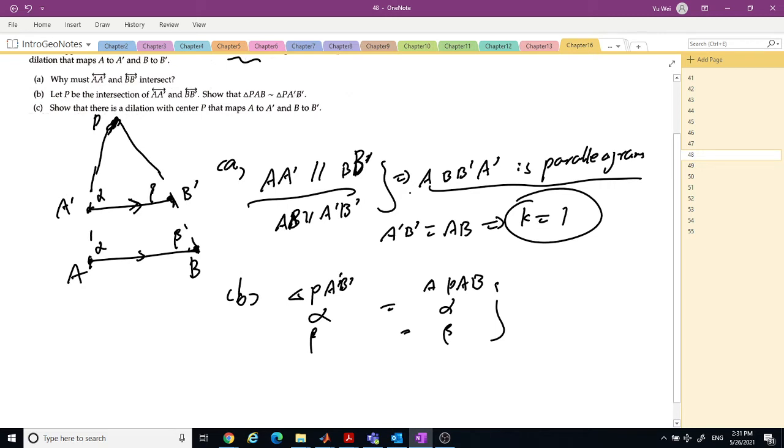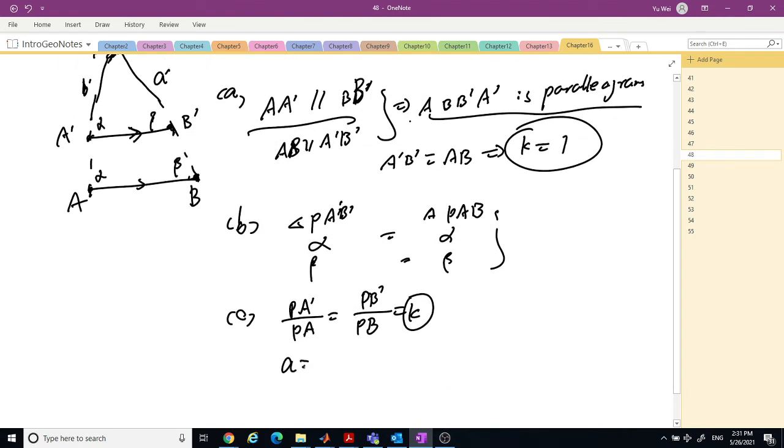Show the dilation center. Okay, so we know PA prime over PA is equal to PB prime over PB equals K, right? That means if this one is B prime, this one is A prime, now we know A is equal to KA prime, B equals KB prime, so that's why it's a dilation.